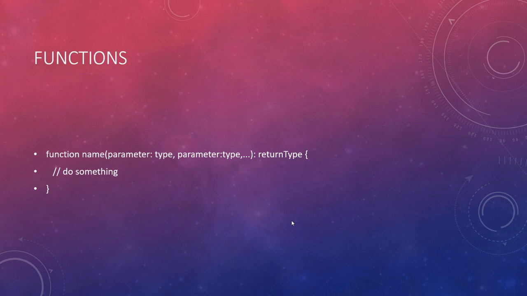If the declared parameter is a number and we pass a string, it will throw an error. You cannot pass a string to a number variable.